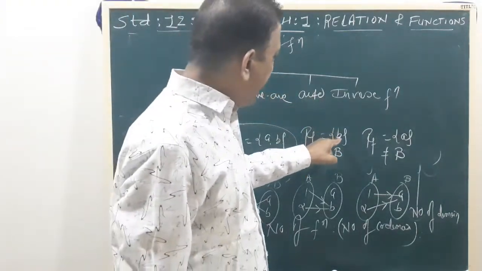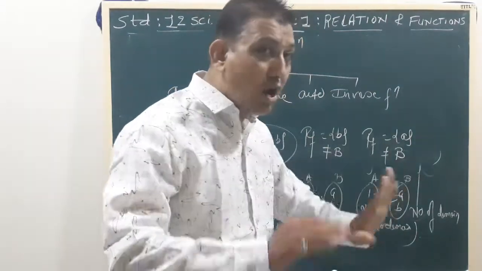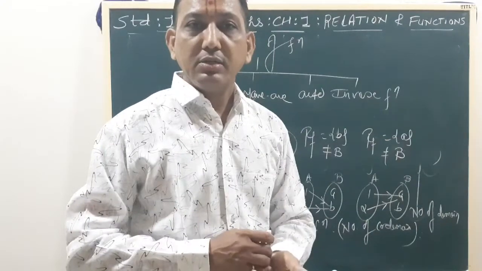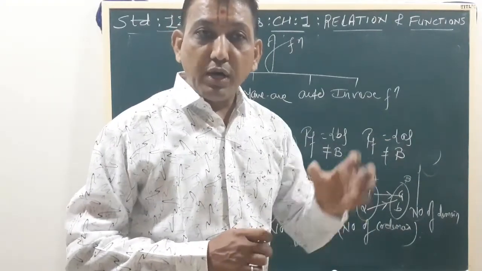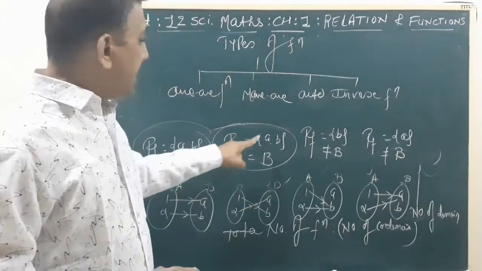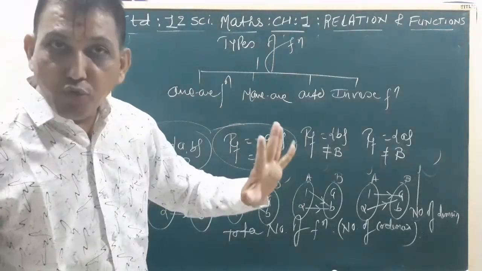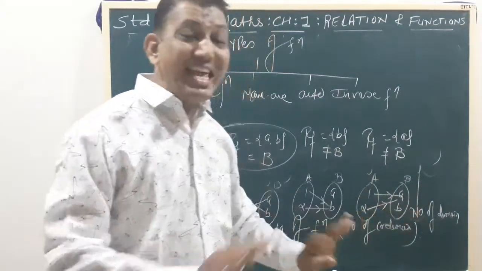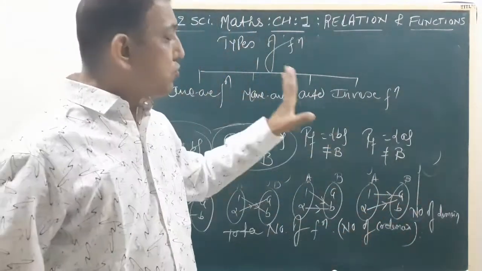If range and codomain are different, not equal, that means we can't say it is an onto function, right? So this one is sure. If range and codomain are equal, we say onto function. If range and codomain are not equal, we can never say onto function.